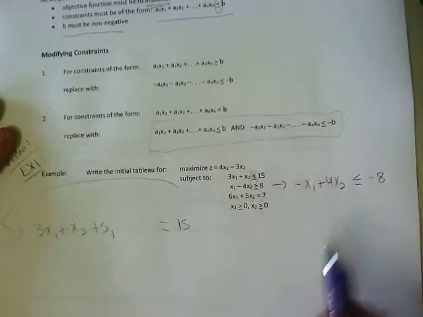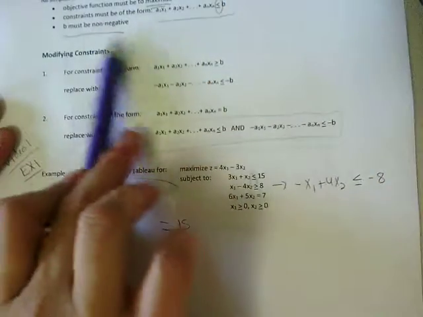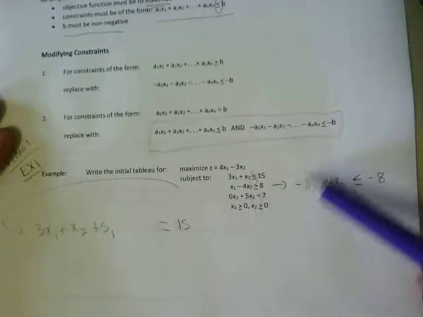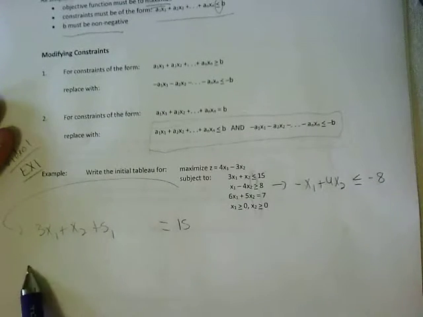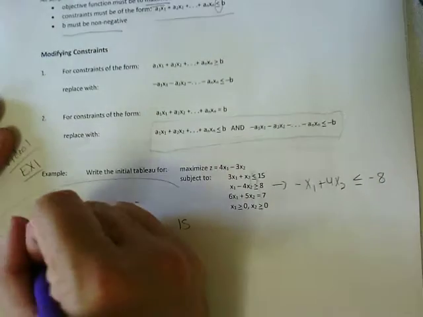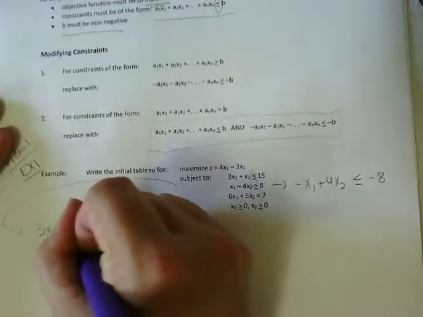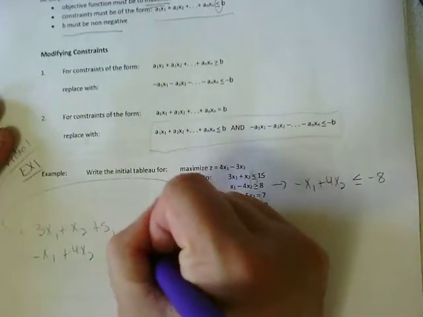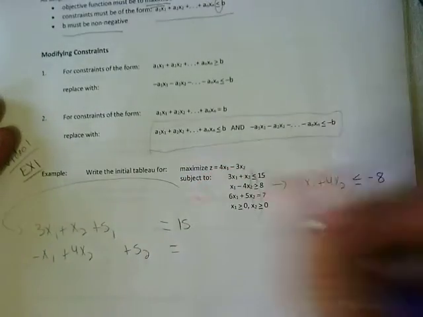And that seems almost like it violates this condition, that b is non-negative, but we'll talk about that later. So this is what I'm going to put into my system over here of equations. I have negative x1 plus 4x2 plus s2, and that equals negative 8.